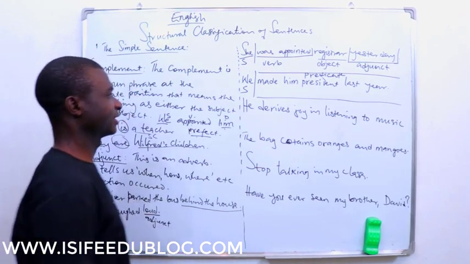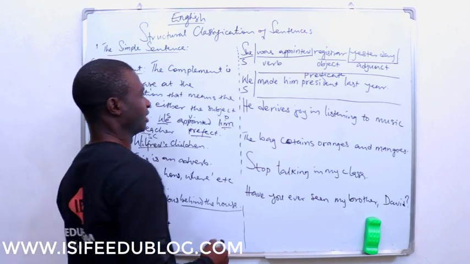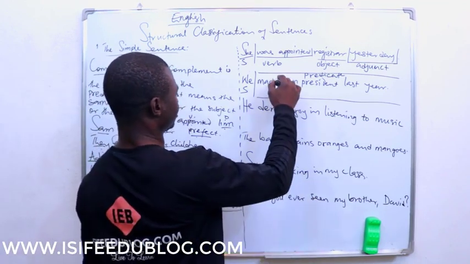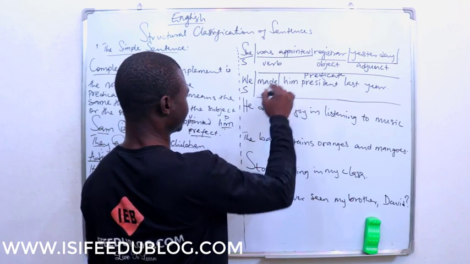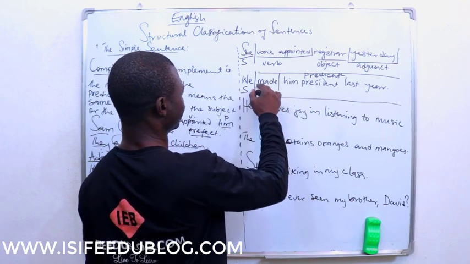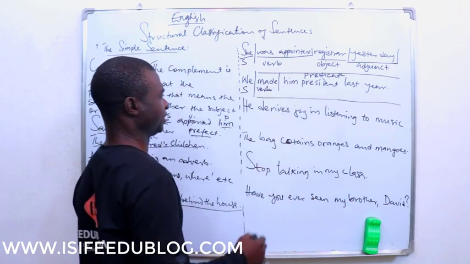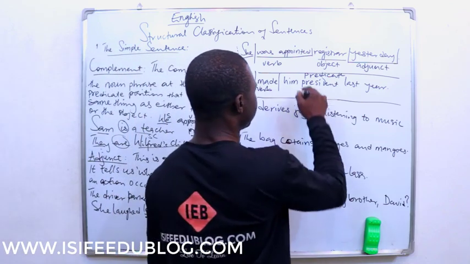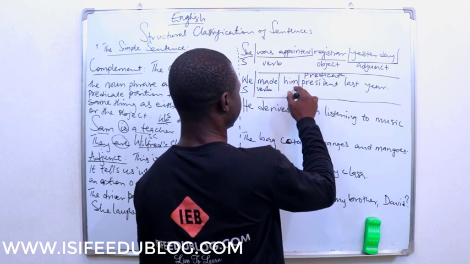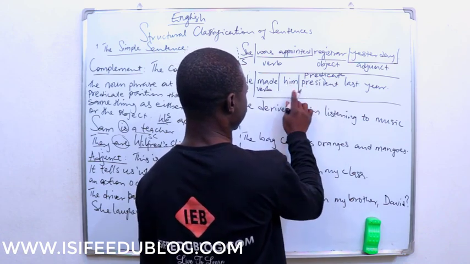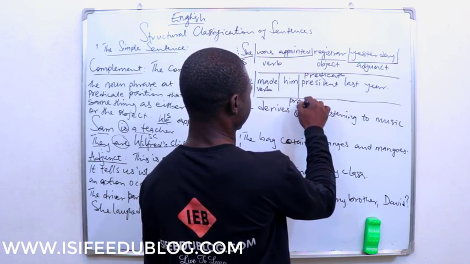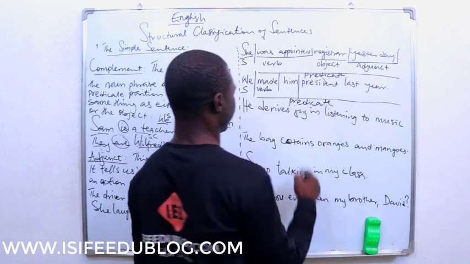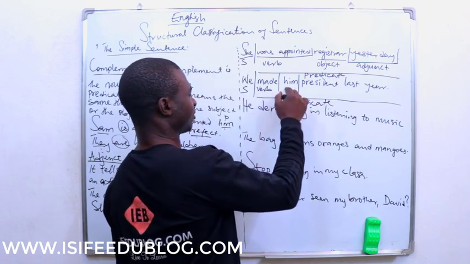So what do you think? Okay, and you do your thinking. Here is the first, and this first is the verb. Made is the verb. Him is the, let's tag this the predicate, that's what it is. Now, him is the object of the verb made.